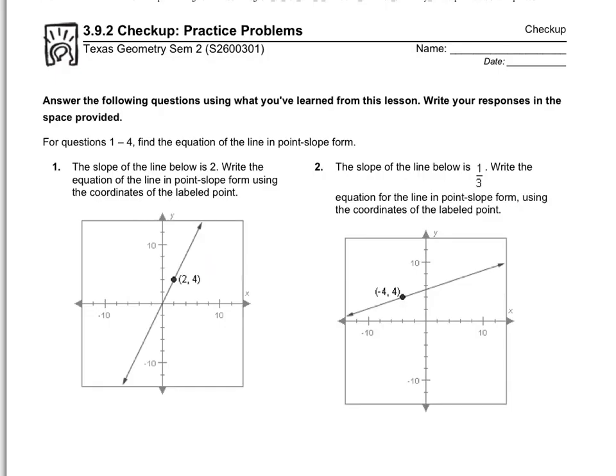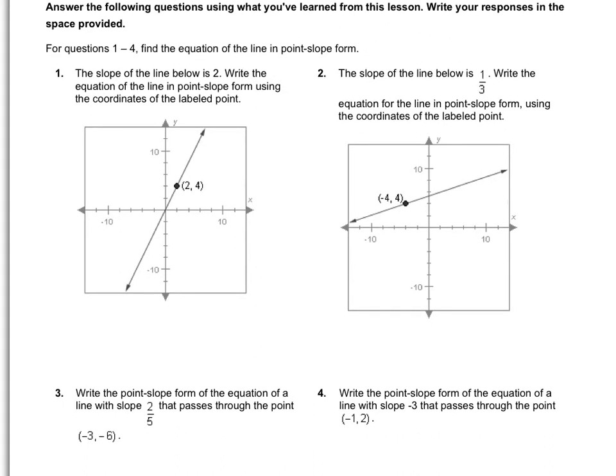Looking at example 1, the slope of the line below is 2. Write the equation of the line in point slope form using the coordinates of the labeled point. So point slope is y minus y1 equals m times x minus x1, or they may do y naught with the little 0 there. Either one is fine. So my point that it gives me is 2, 4.